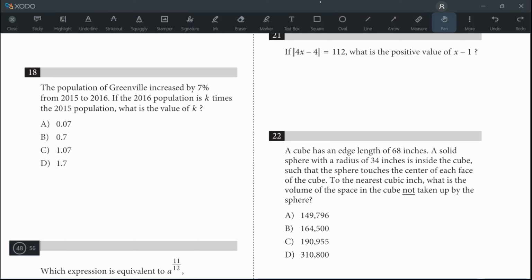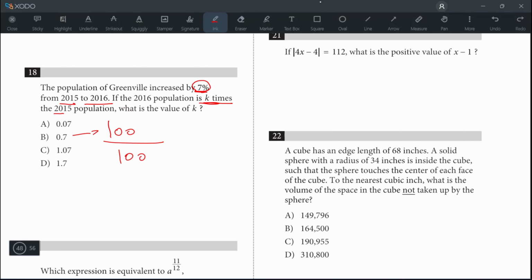Now, what about question number 18? The population of Greenville increased by 7% from 2015 to 2016. If the 2016 population is k times the population of 2015, what is the value of k? We will put 100 over 100, and then we will focus on the numerator.